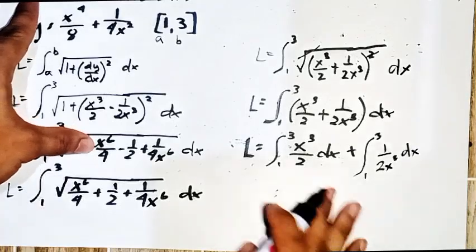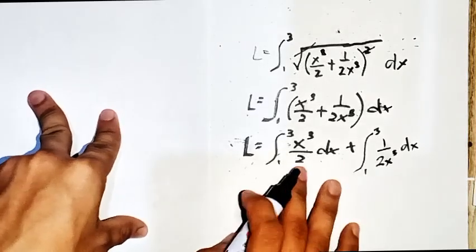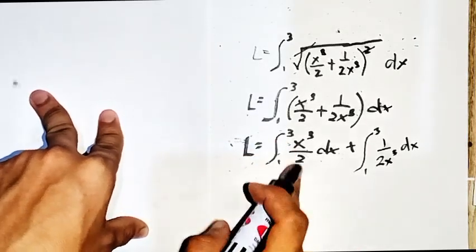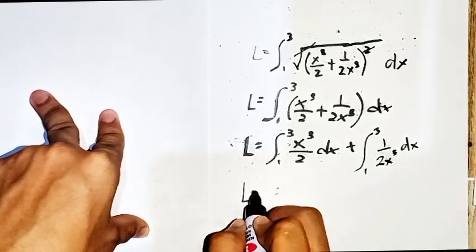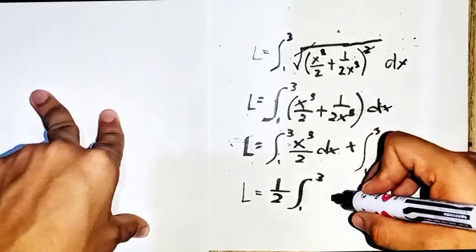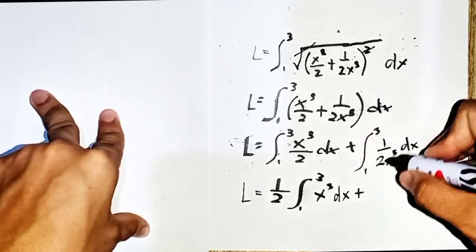Since we have a constant here, we will move the 1 half. We have constant 1 half, right? So we need to put this constant outside the integral. So L is equal to 1 over 2 integral of 1 to 3 x cubed dx plus, again, put 1 half outside the integral.